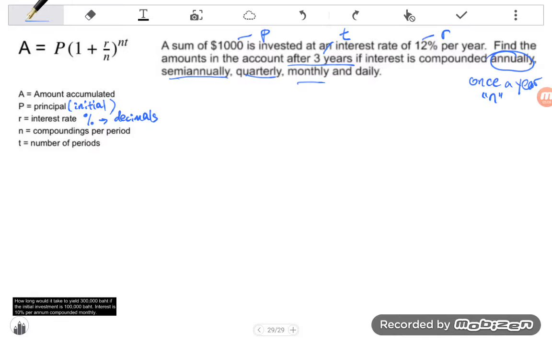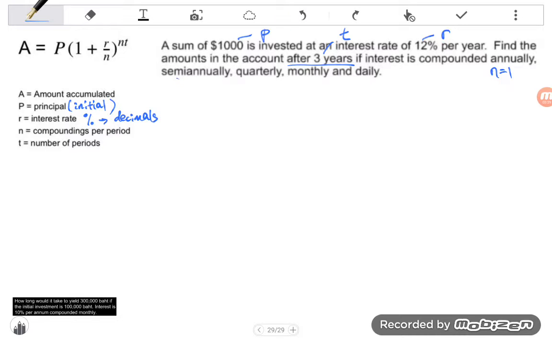So in this case, what I'm trying to do is see what happens if the bank pays the interest annually, which means once a year. In this case, my N is equal to 1.